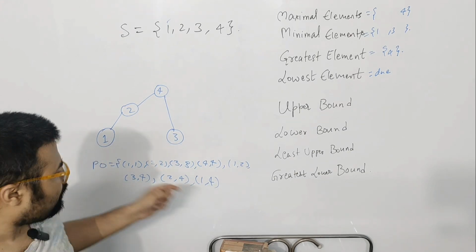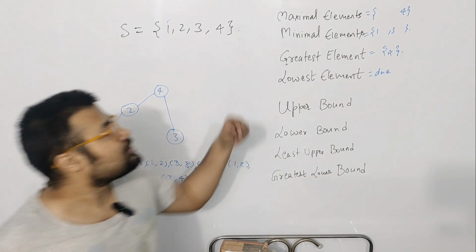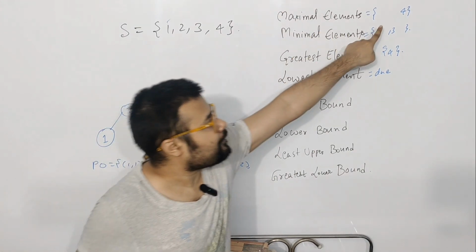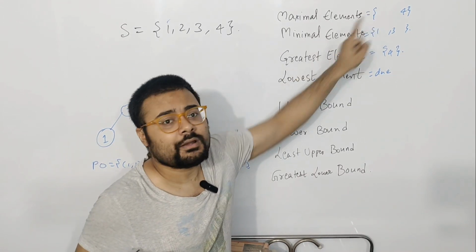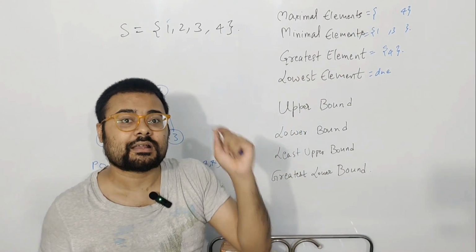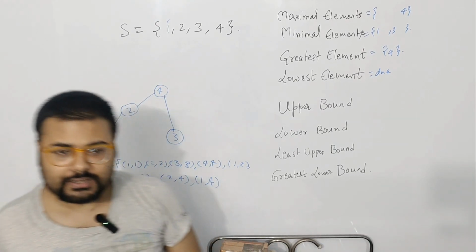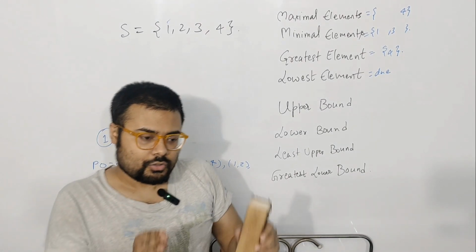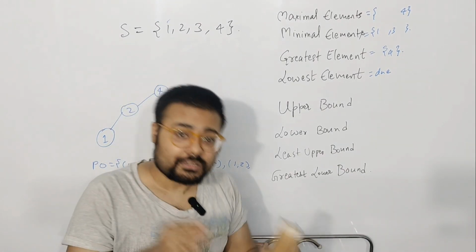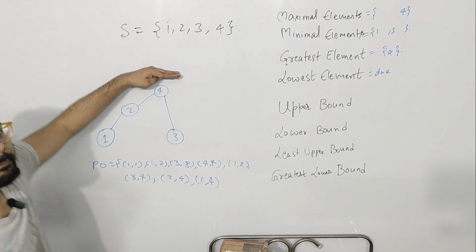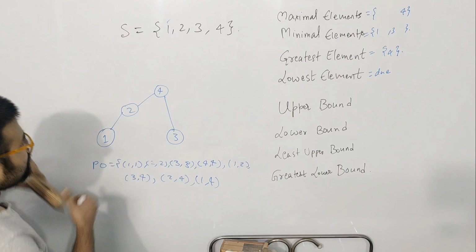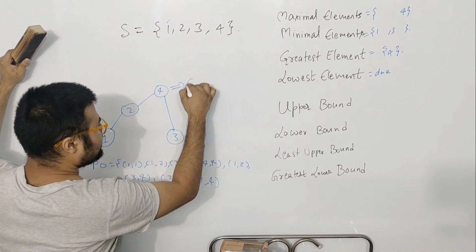Ultimately, if you add enough ordered pairs such that there is only one maximal element, it means what? It means it's the greatest element. So if you have a unique maximal element, then that is the greatest element, since 4 is your greatest element here.